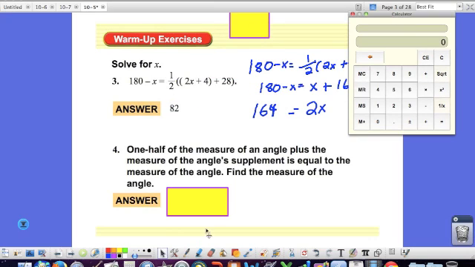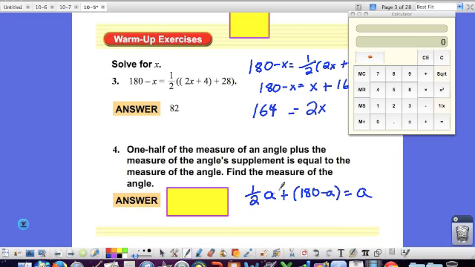And then for the last problem, 1/2 of the measure of an angle. I'm going to call that angle A. Plus the measure of the angle's supplement. So the way to get the supplement is you would start from 180, subtract A, and that would give you the supplement, is equal to the measure of the angle. Find the measure of the angle.